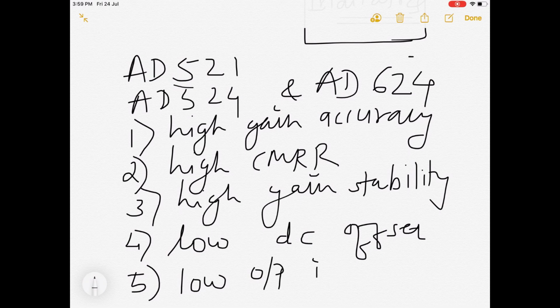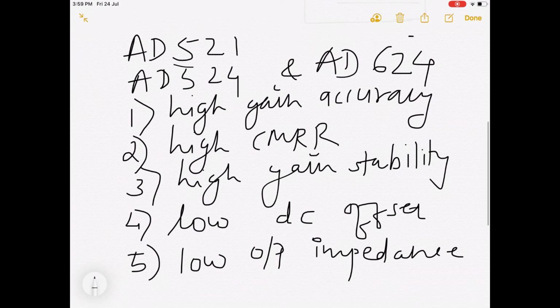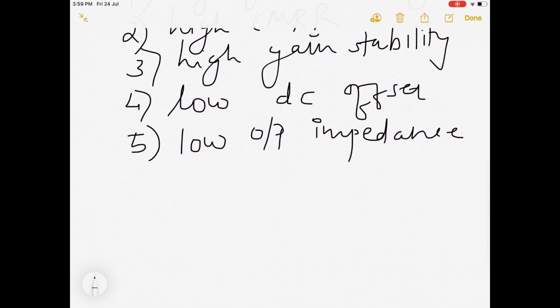So, these are the requirements, or you can say the features, of an instrumentation amplifier. The instrumentation amplifier's basic circuit is nothing but the difference amplifier.